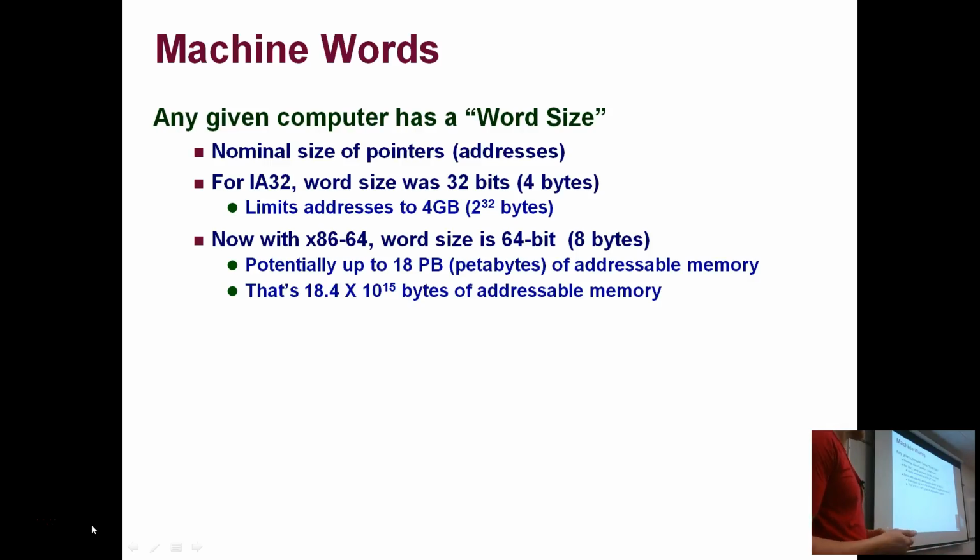Okay. The other thing that every machine has is this notion of word size. And this is the nominal size of pointers on a system. So how big is the address? How many bytes are in the address that you're specifying? It basically talks about what is your maximum addressable memory space.